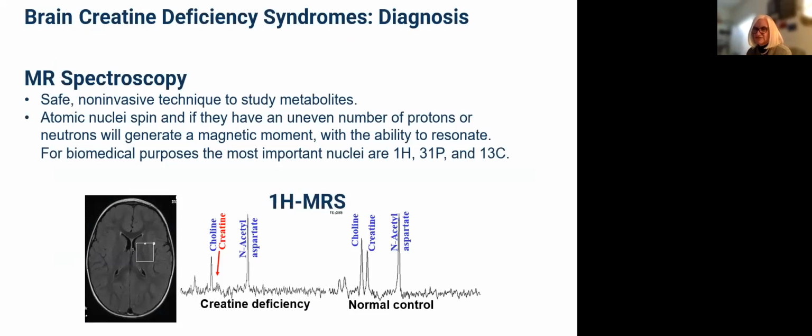You can see that there are three major peaks: N-acetyl aspartate, choline, and creatine. A patient with a creatine deficiency syndrome will show the same peaks of N-acetyl aspartate and choline, but is going to miss the creatine peak, and this is shown on the left.